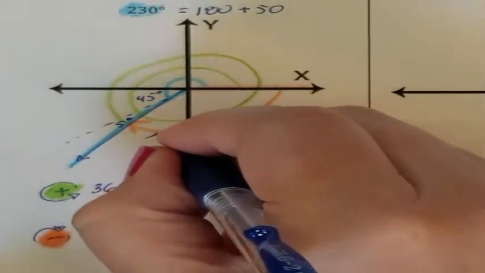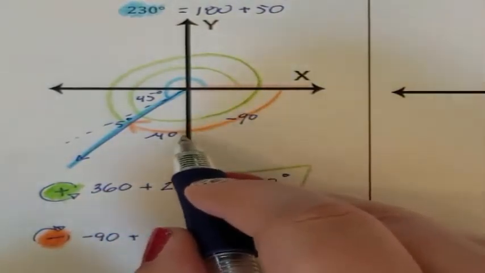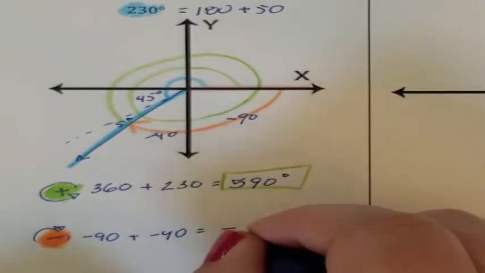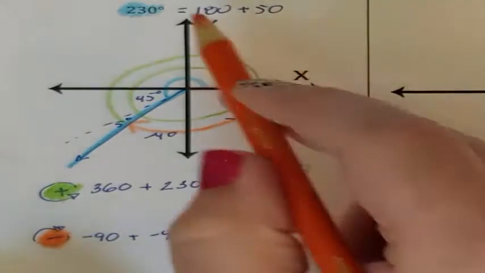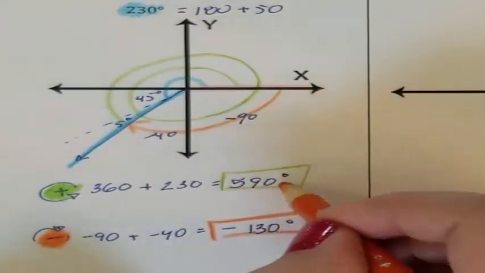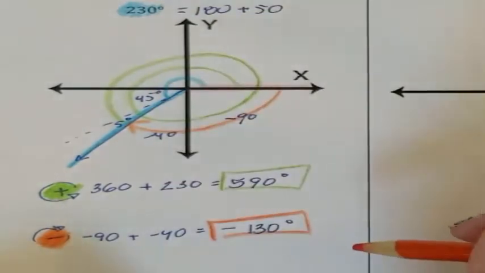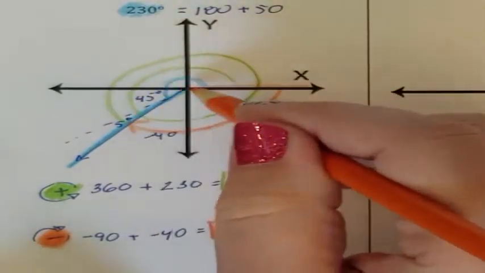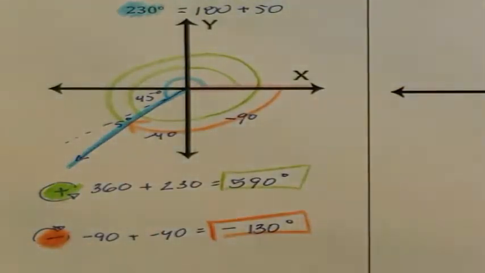So this is negative 40 degrees. So I traveled 90 backwards and then another 40 backwards. I traveled a total of 130 degrees backwards. 230 degrees, 590 degrees, and negative 130 degrees are all coterminal angles. They take different pathways to get there, but they all land on the same exact blue angle.